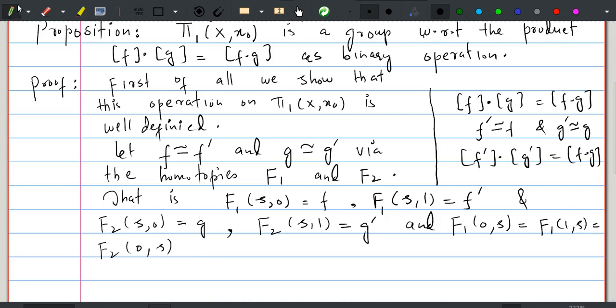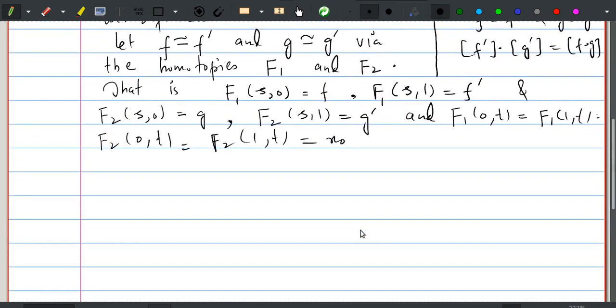Let us make this variable t here. So these are all equal to x naught, because we are dealing with loops with fixed base point x naught.